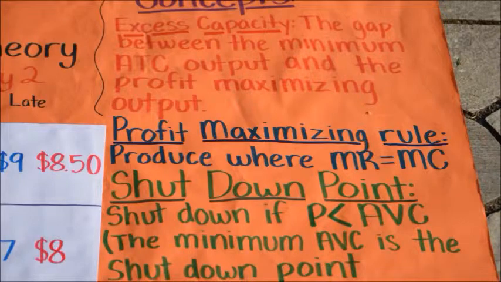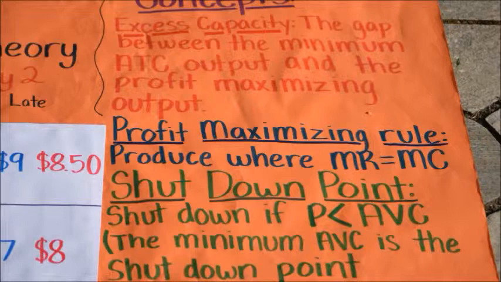The general concepts that you need to remember for Unit 4 are these. Excess capacity, as discussed before in monopolistic competition, is the gap between the minimum ATC output and the profit maximizing output. The profit maximizing rule is where you produce where MR equals MC and charge at demand, which only comes into play for colluding oligopolies, non-colluding oligopolies, and monopolies.